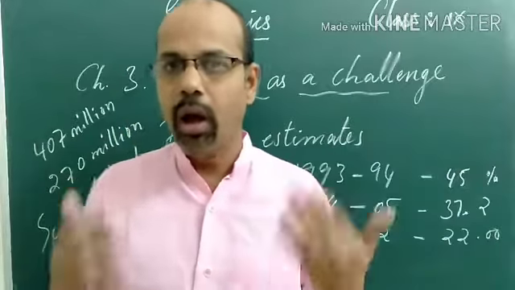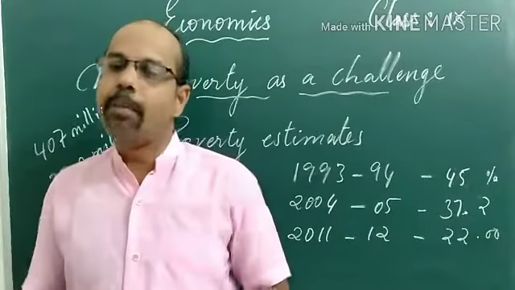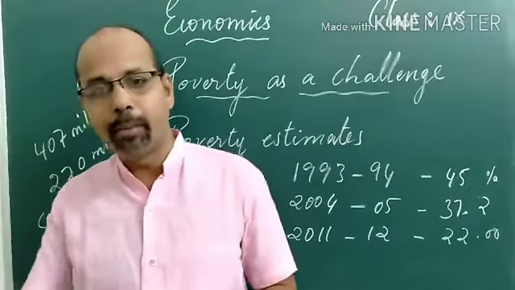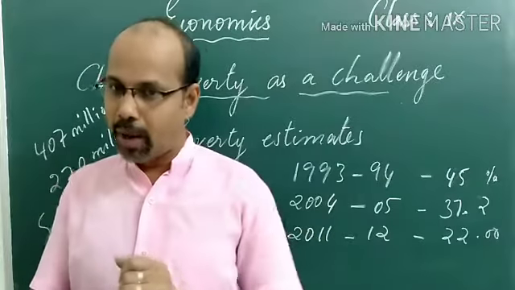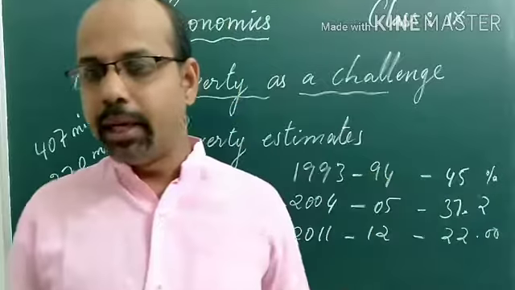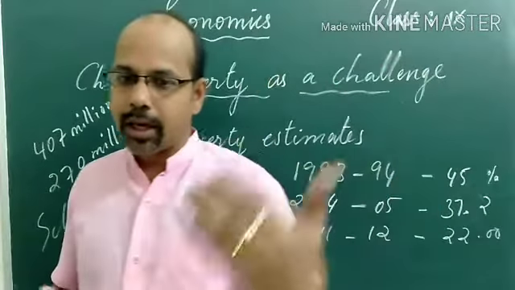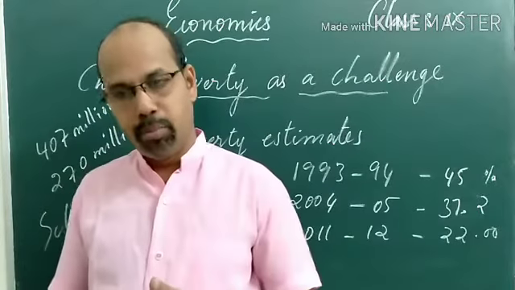So in the coming years we can find fewer poor people, or poverty can be completely wiped out from our country. In the period 1973 to 1993, there was a substantial decline in poverty.